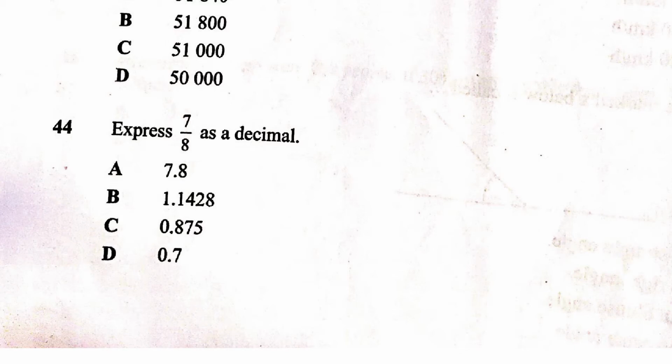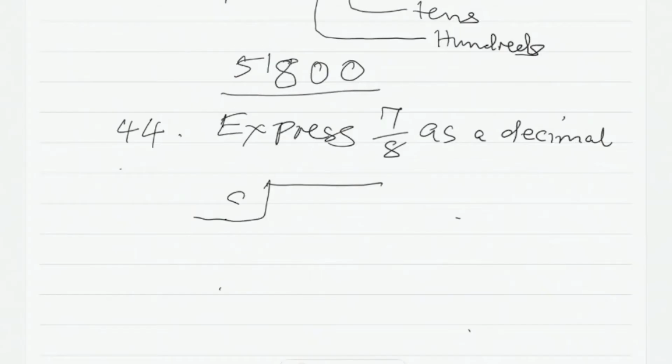In other words, they are saying change 7/8 into a decimal. So in order to change it into a decimal, we are going to divide 8 into 7 repeatedly until we reach where it will have no remainder.